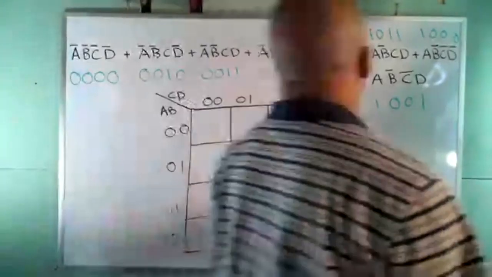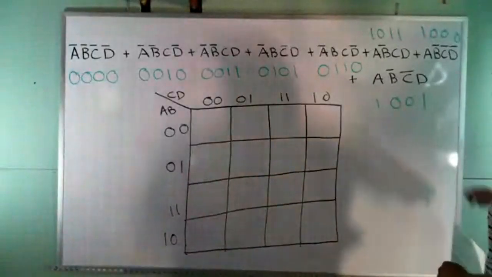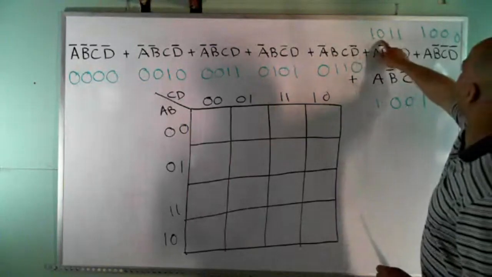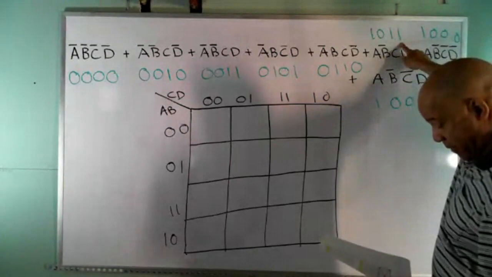B not C D. It's on the upper right hand corner of the board. Next number. 1011. 1011. How did I get that?